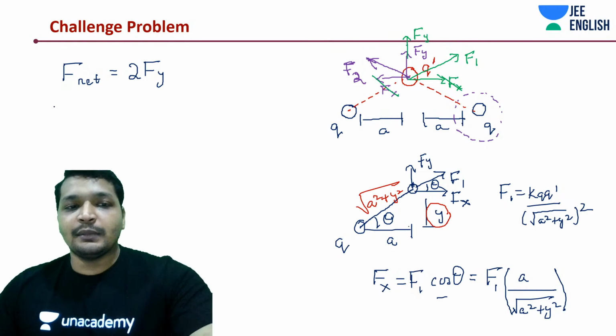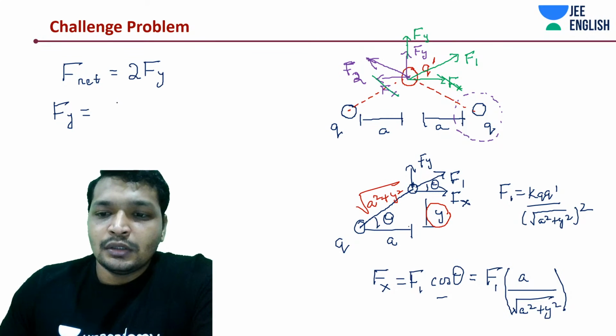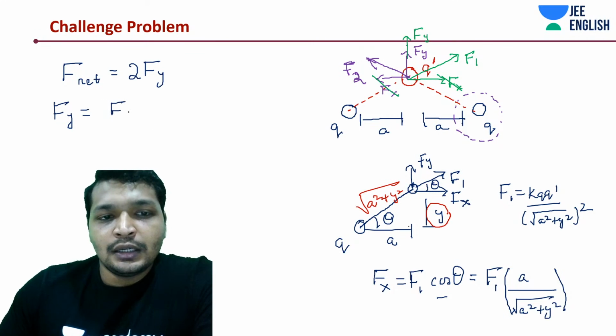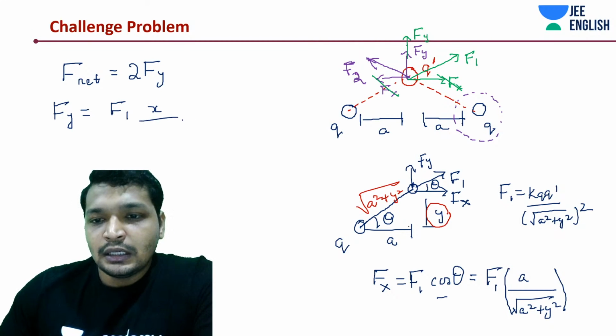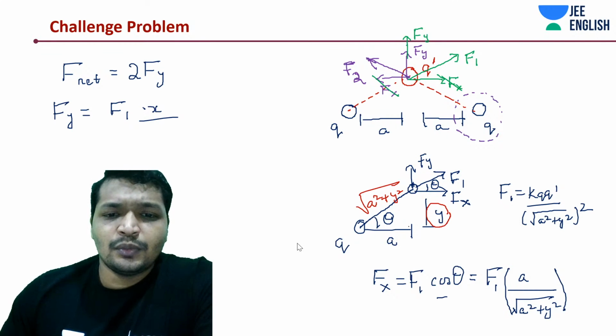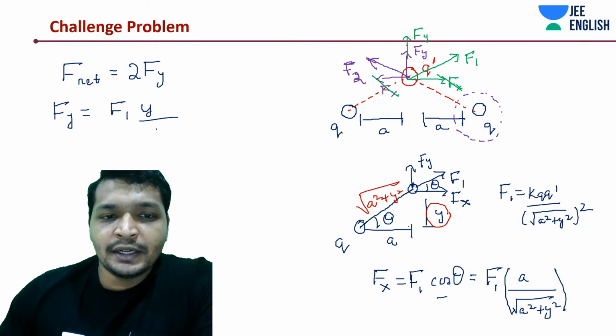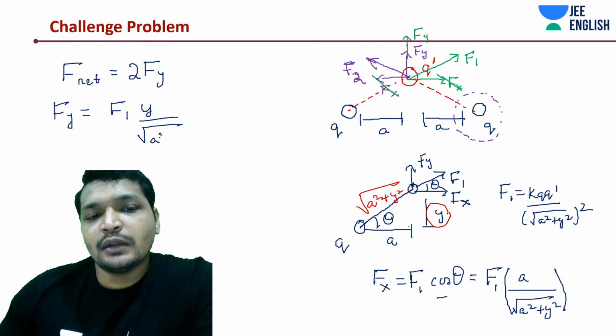This fy similarly can be written as something like f1 into y divided by under root a square plus y square.